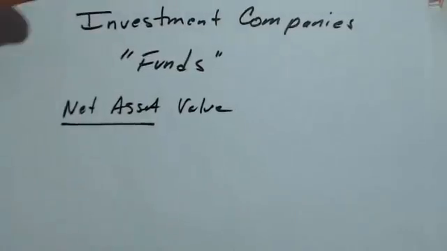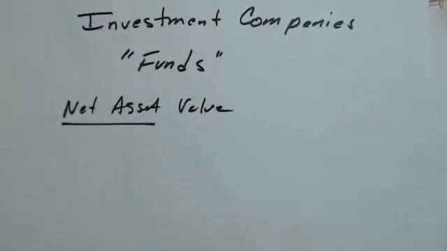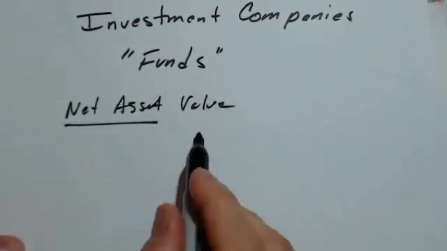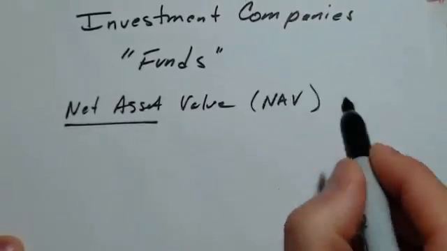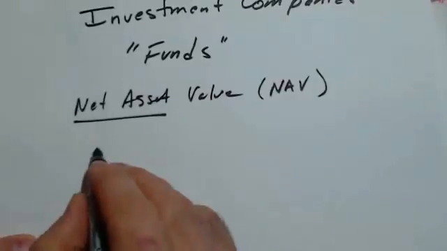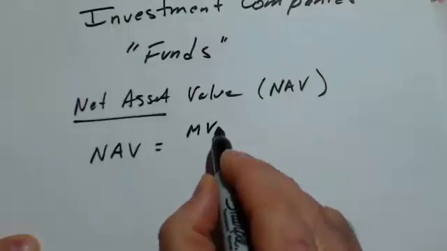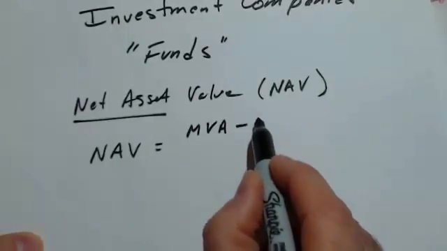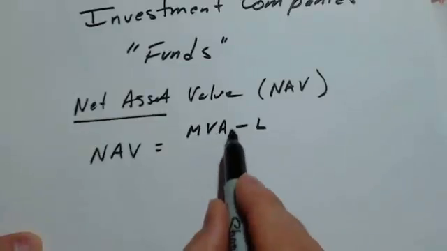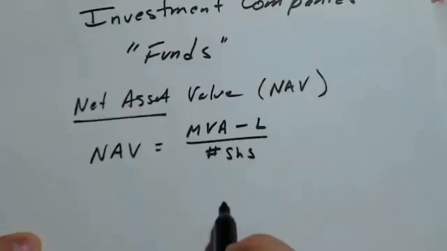Whenever you see the word net asset, that means assets net of liabilities. So that means equity. So the net asset value per share, which we call the NAV for short, is computed as the equity value per share. You're going to take the market value of the assets in the portfolio that the fund owns, minus its liabilities, and that's the equity, divided by the number of shares outstanding of the fund.